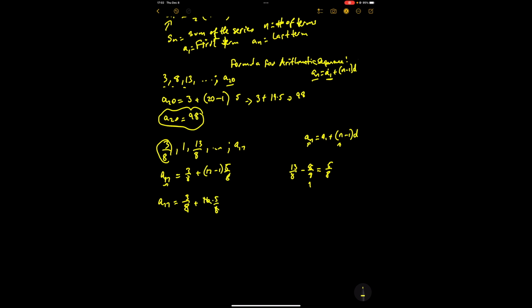And 16 over 8 is equal to 2, so that would be 10 plus the first term, and a sub 17 equals 83 over 8. That would be your answer for the arithmetic sequence.